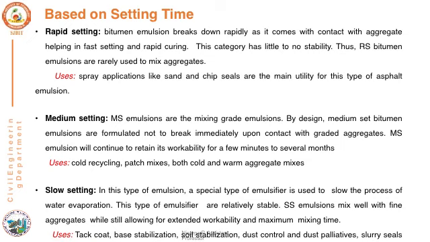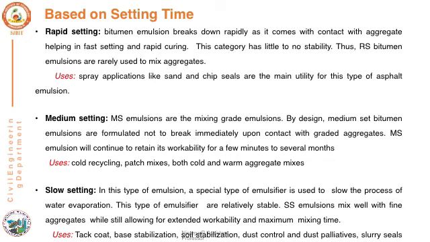So this category will possess little or no stability. Thus, rapid setting bitumen emulsions are rarely used to mix with aggregates. Rapid setting bituminous emulsion can be used for spray applications like sand and chip seals, whereas medium setting bituminous emulsions are mixing grade bituminous emulsions.